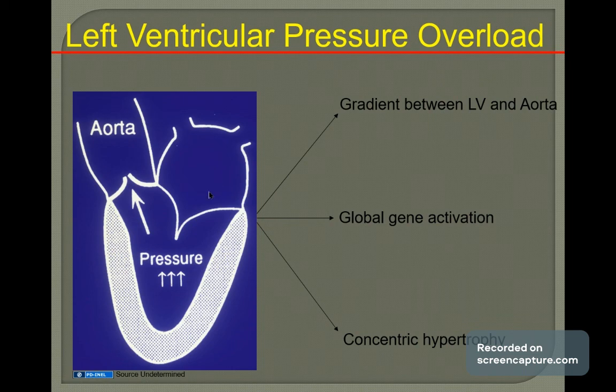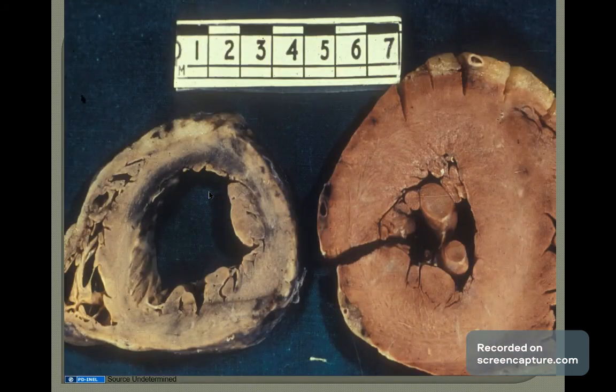That is the pressure overload. You can see that because of the high pressure, the heart should hypertrophy. It should hypertrophy to compensate for it.